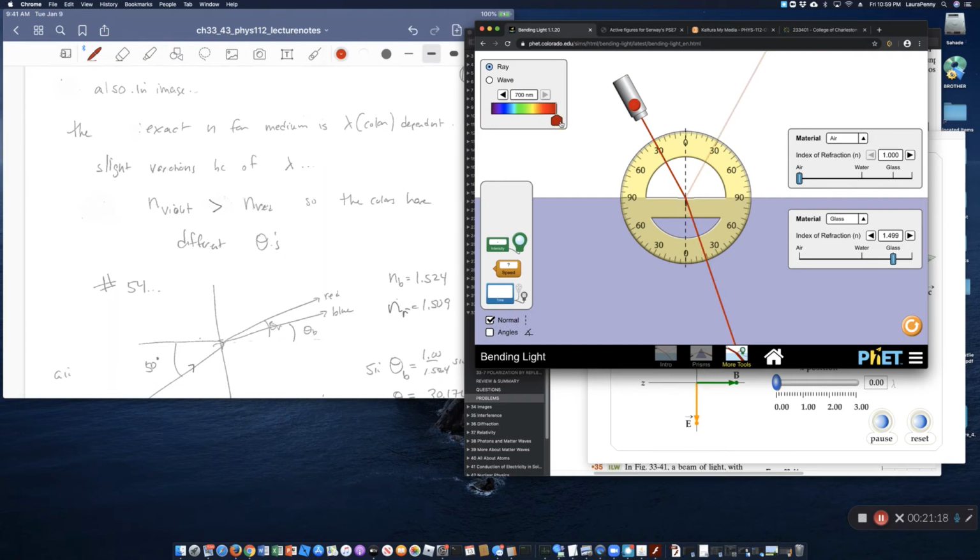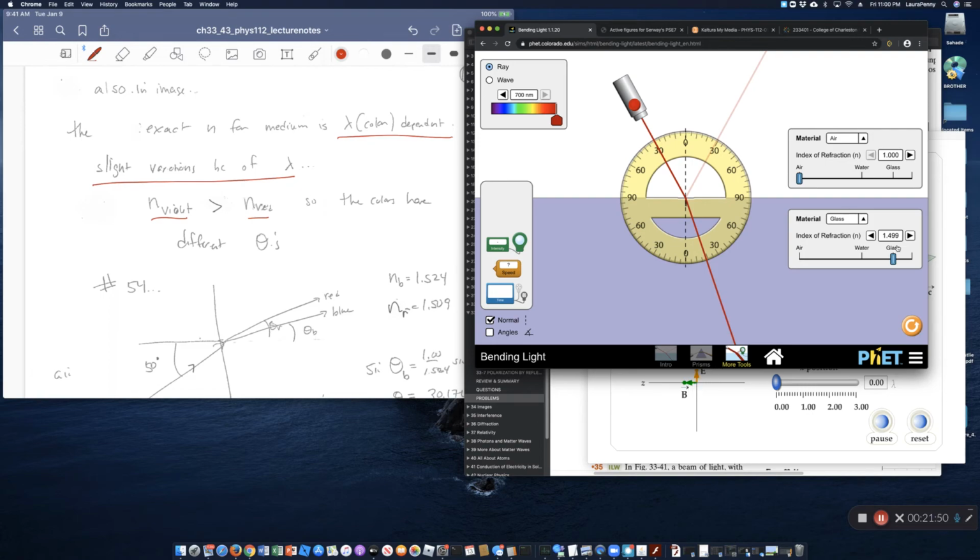That's because there is a color dependence in the index of refraction, slight variations because of wavelength. The index of refraction for violet is more than for red, and the actual numbers on the screen show that. For glass, it's 1.519 for violet light and only 1.499 for red light.